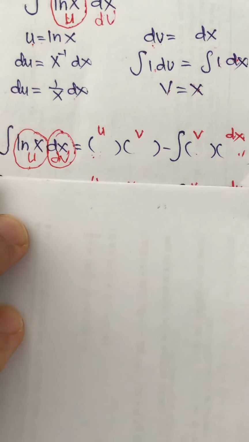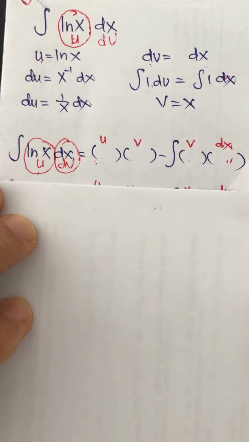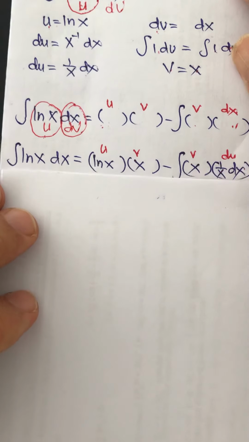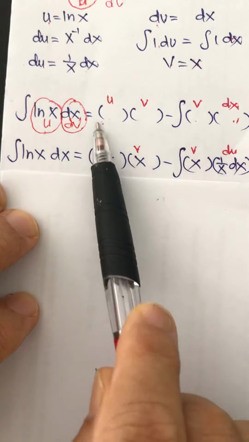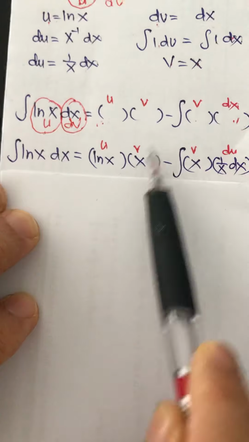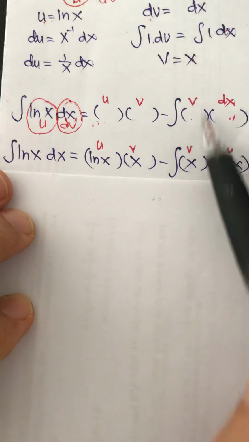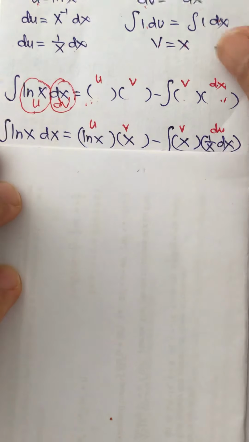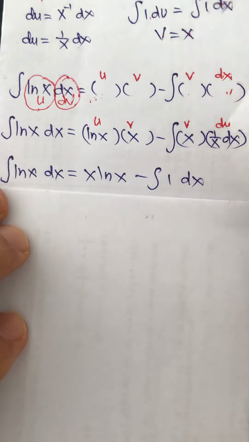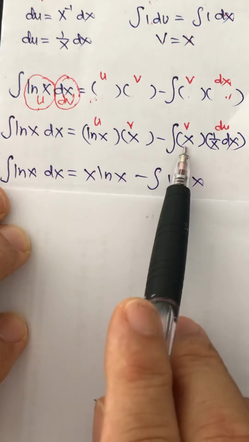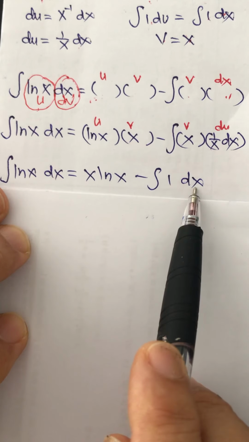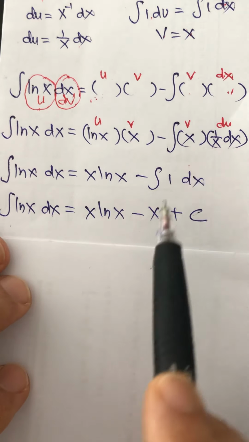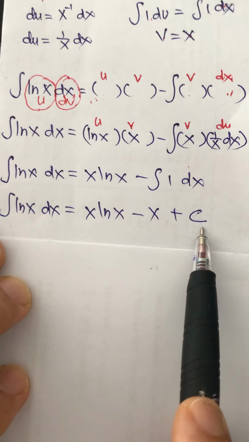Then we substitute all the variables inside. U is ln x, v is x, and then v is x, and du is 1/x dx. Then we can integrate this. This one is x ln x, then this one you simplify, you get 1, isn't it? So you integrate the 1, you get x. So this is the answer.